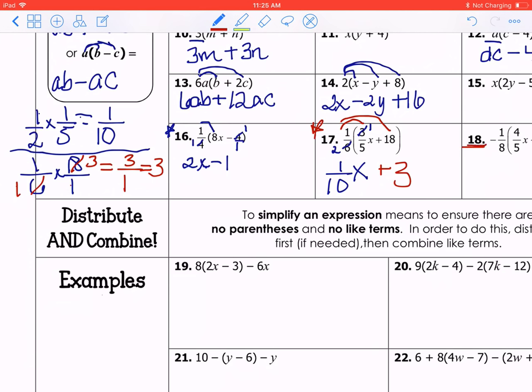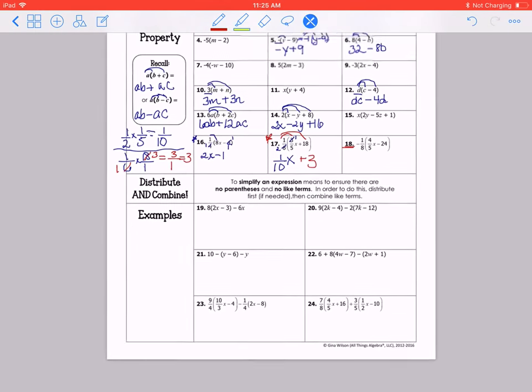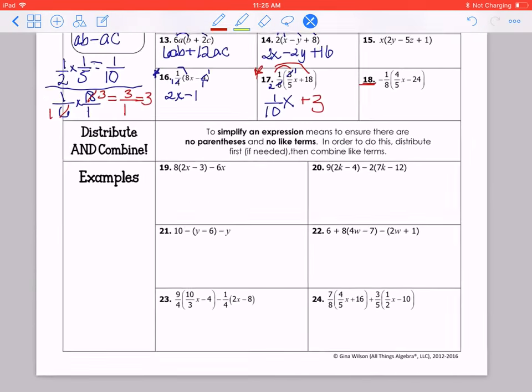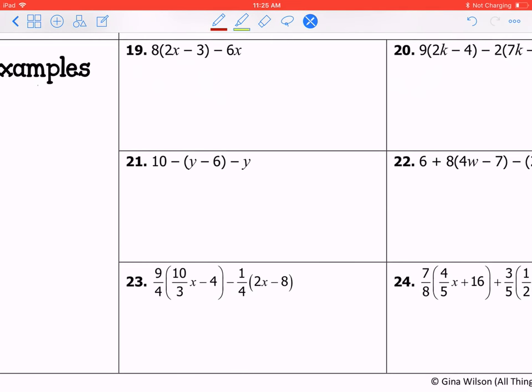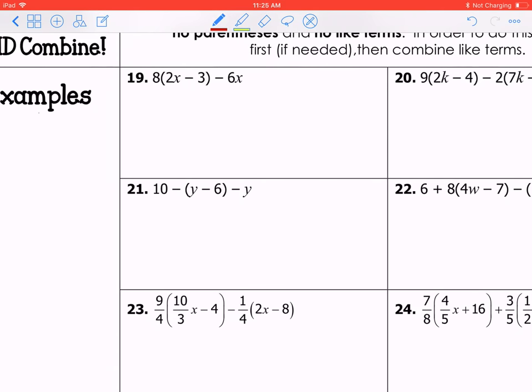All right, the bottom portion is combining yesterday's and today's, where we combine like terms and we're going to distribute. So I plan on doing 19 to 23, as long as I don't get cut off by the iPad. So here we go. 19, distribute first. We have to get rid of these parentheses before we can combine like terms. So that's where my starting point is.